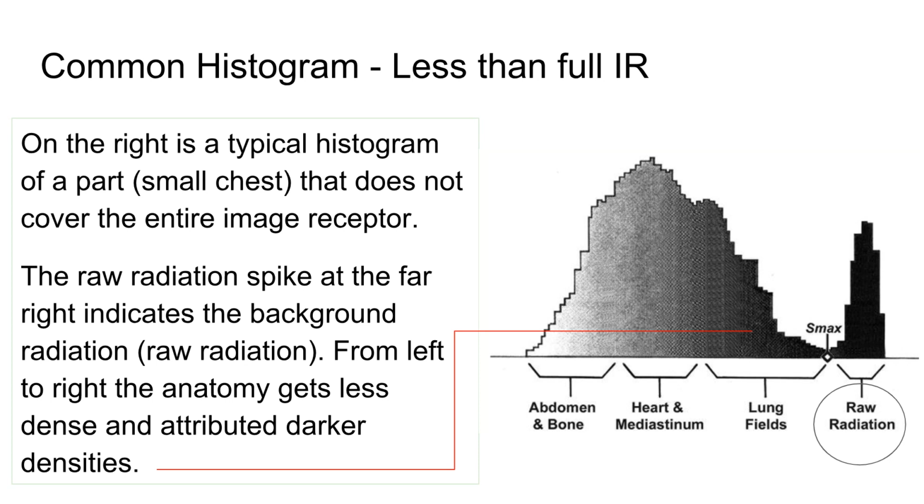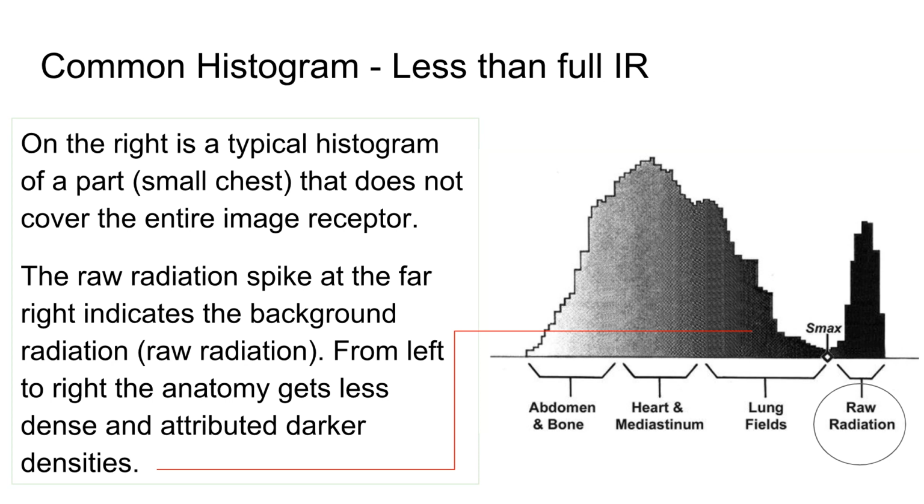And this particular spike represents raw radiation. How might this occur? You might have a part that's small, doesn't have to necessarily be a small chest, that's just the example here, but it doesn't fit entirely over the image receptor. So the image receptor is then subject to raw radiation, basically radiation that hits things outside of the actual part.